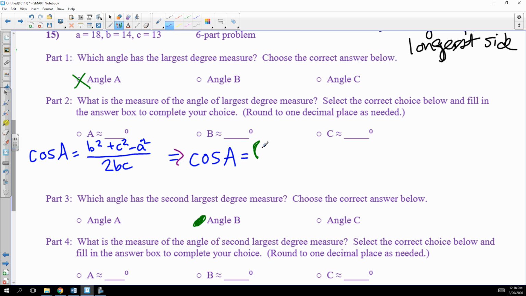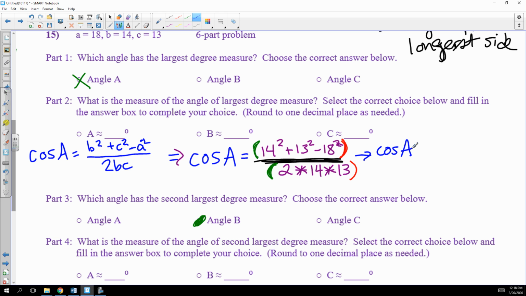And then we're going to put in 14 squared plus 13 squared minus 18 squared. Please don't forget to close the parentheses. Can't stress that often enough. Divided by, don't forget to use your divided by key. And then you have to open parentheses again. Then you can type in 2 times 14 times 13 and close your parentheses. That's going to give you the value for cosine of A.